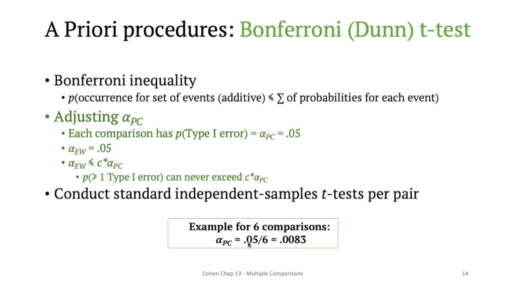Instead of each comparison having a cutoff at 0.05, it would be at 0.0083. You'd run all the t-tests just like you normally would, but you'd only say it's significant if it reaches that point. What this does is keep your full experiment-wise or family-wise error rate at 0.05. So across all of the comparisons, your error rate is still 5%.